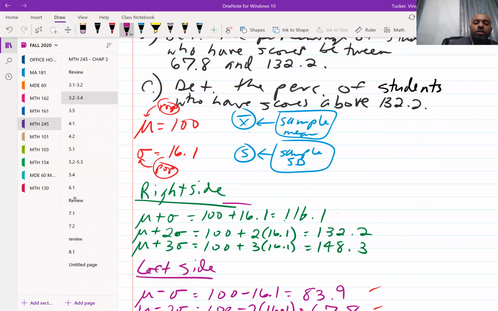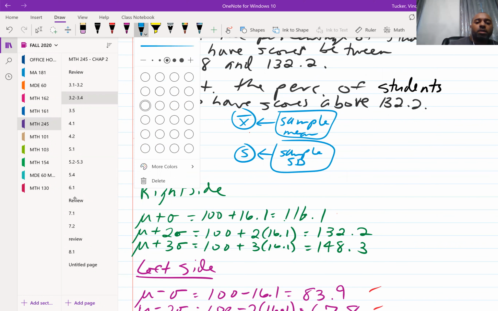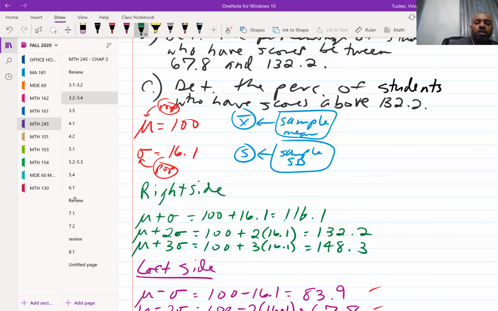So you take your mean. So what we're going to do here is take the mean, add 16.1 to it. Remember, we're talking about right here, 100 plus 16.1. So we add in the standard deviation, and that gives me 116.1.